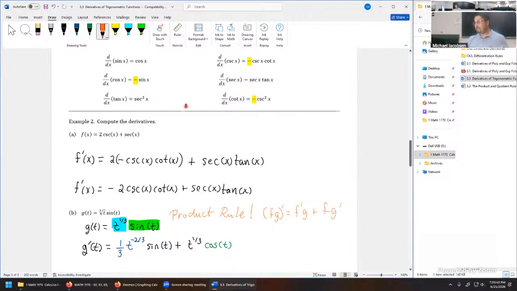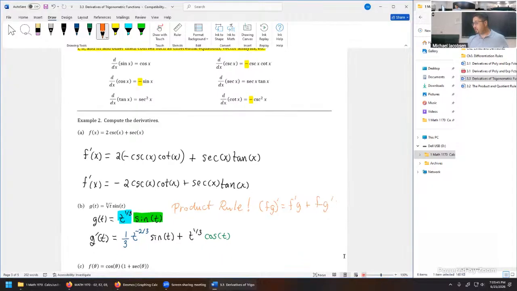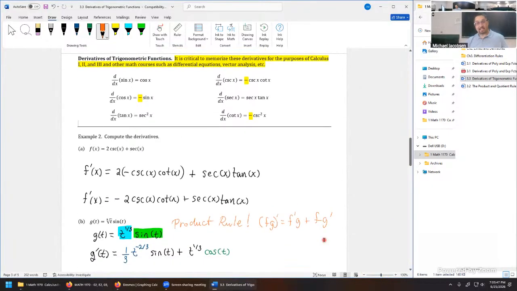Again, these rules above are extremely fundamental to any class that uses Calculus 1 as a prerequisite. If you're a fan of flashcards, these might be good ones to write down. Good strategy also is anytime you start a homework assignment, for something critical like this, it might not be a bad idea to just grab a fresh piece of paper, list sine x prime, cosine x prime, tangent x prime, same for the right-hand column, and just fill them all in.